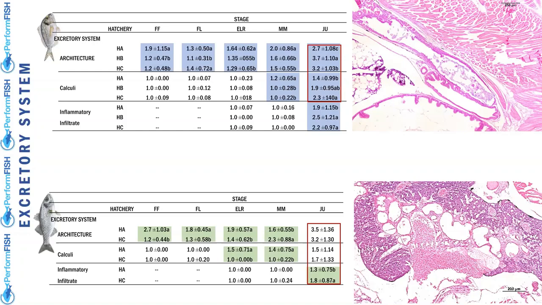There are some statistical differences between the hatcheries, and we suppose that hatcheries B and C use a closed rearing system, maybe, but we don't have any information about this.